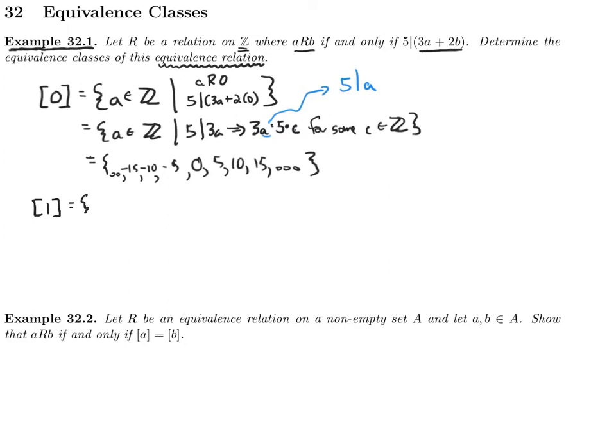So this is going to be, of course, all integers a such that a is related to 1, which means the same thing as 5 is a factor of 3a plus 2 times 1, so plus 2.